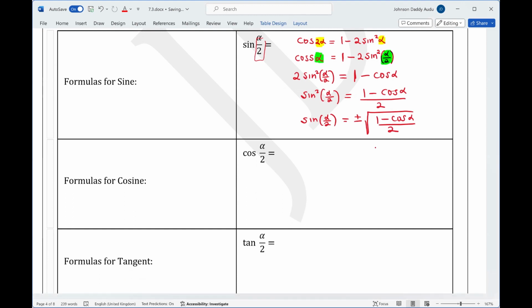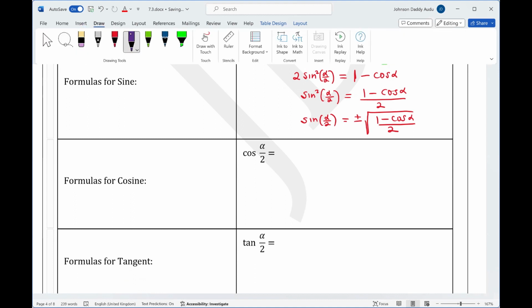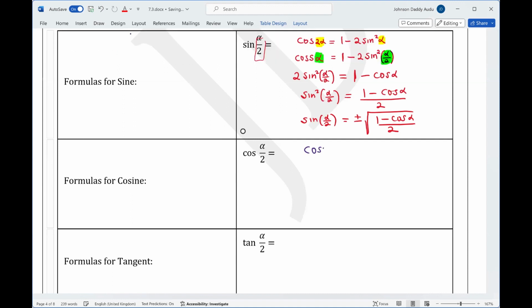In the same way, we can solve for cosine. The same story. We know that the double angle formula for cosine 2 alpha is the same thing as 2 cosine squared alpha minus 1. So also we should observe this one.